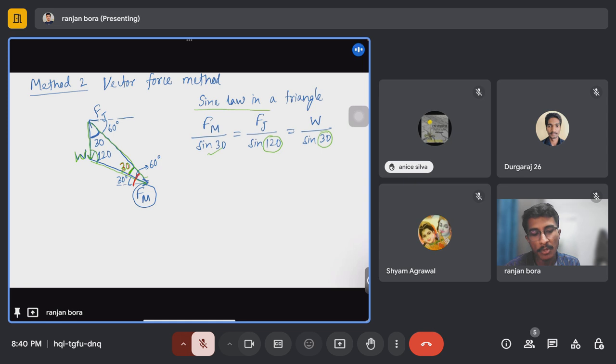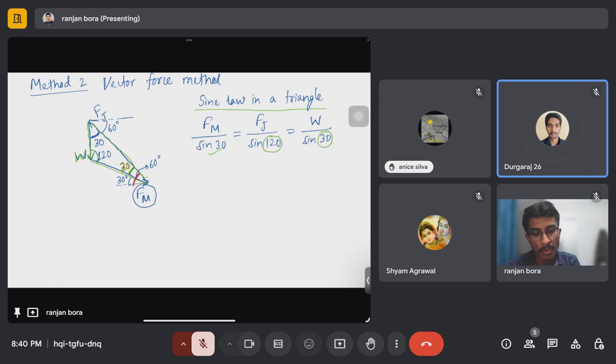This law is coming from trigonometry. So have you all followed this method?